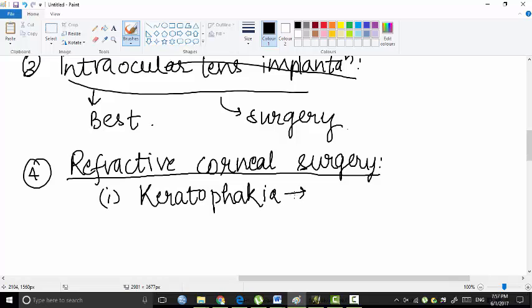In keratophakia a lenticule is prepared from the cornea. In both conditions we prepare the lens or lenticule from donor cornea, but the position differs. There is keratophakia and also epikeratophakia.